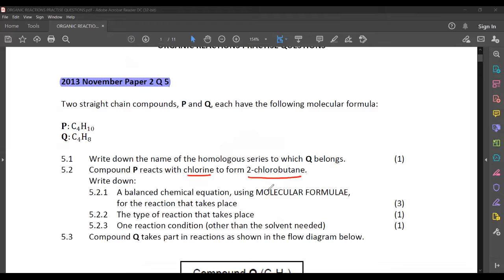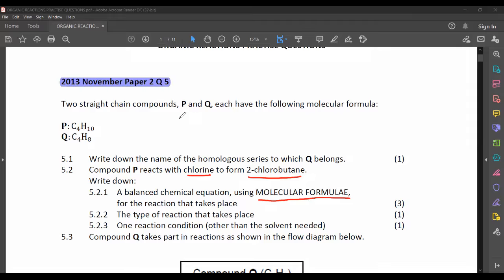Write down a balanced chemical equation using molecular formulae for the reaction that takes place. We need to use molecular, not structural, formulae. So compound P, let me write it here.